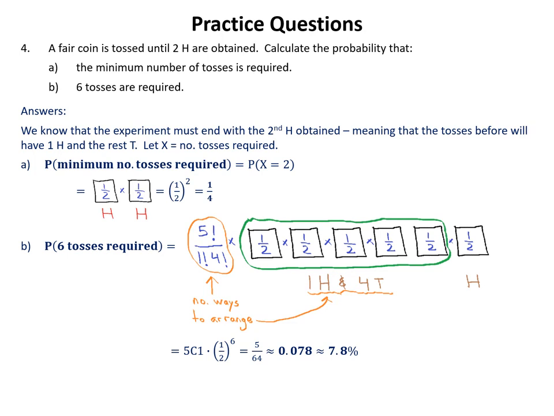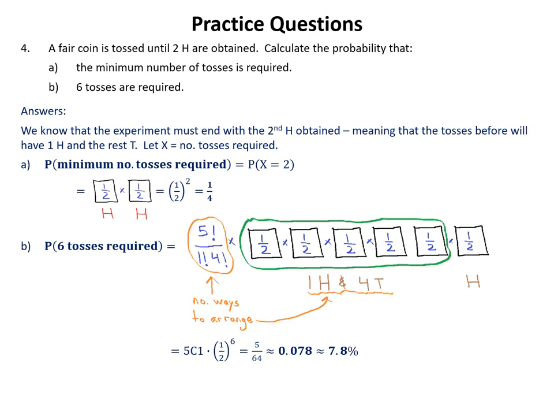So the diagram here shows the way to logic this out. We draw 6 boxes, and we make a note of the fact that the last toss on the far right is definitely heads. And we put the probability 1/2 in there.